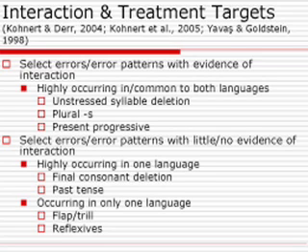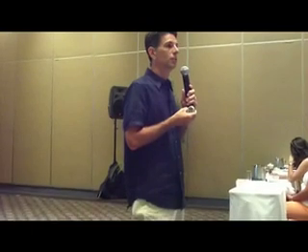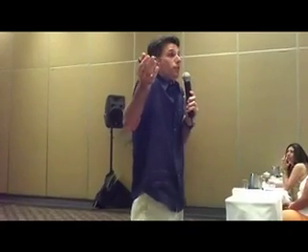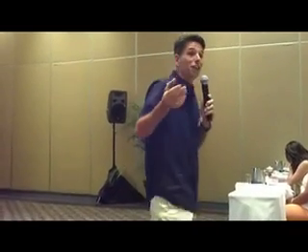Then you might select errors or error patterns with little or no evidence of interaction. So patterns, for example, that are errors highly occurring in only one language, like final consonant deletion. Right? Do you see much final consonant deletion in Spanish? No. Why not? Basically, very few.